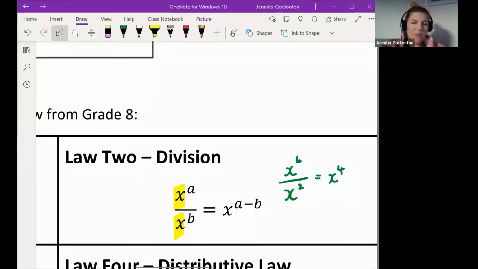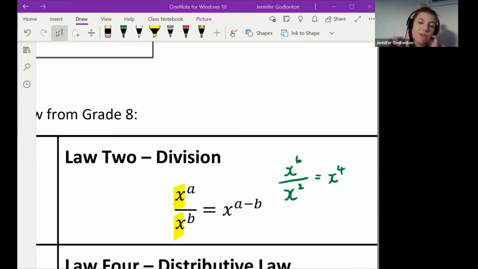Nkateko, how can I help? Do we only use that law when our bases are the same? Yes, only when your bases are the same.